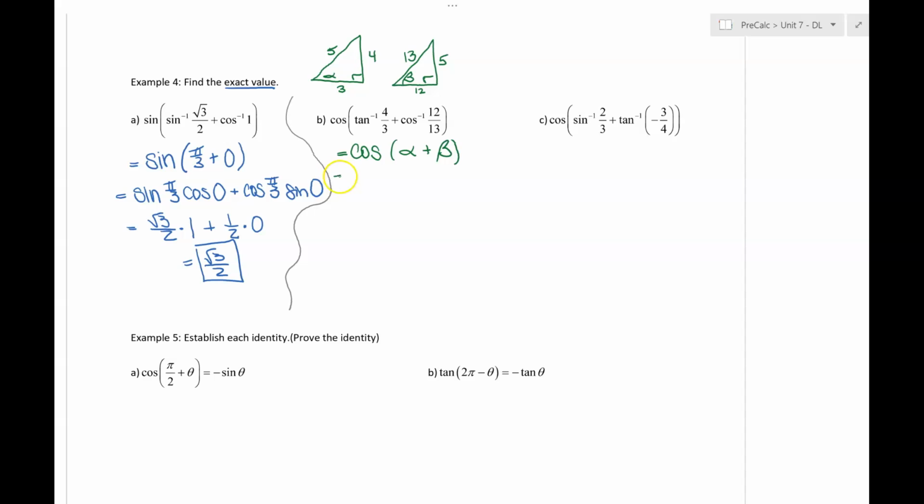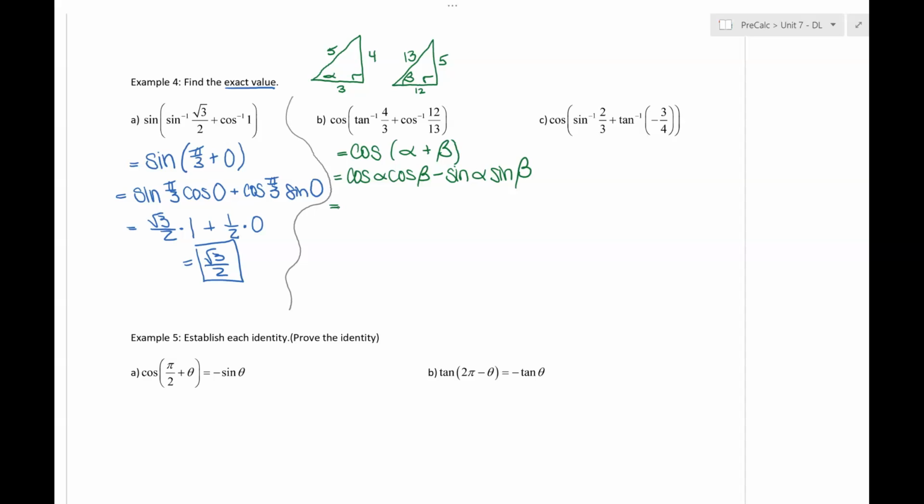All right, so then we get the cosine of alpha, cosine beta, because we're going to use the sum formula, minus, because it changes signs, sine of alpha, sine of beta, and use the triangles you built, just like we did in example 3.